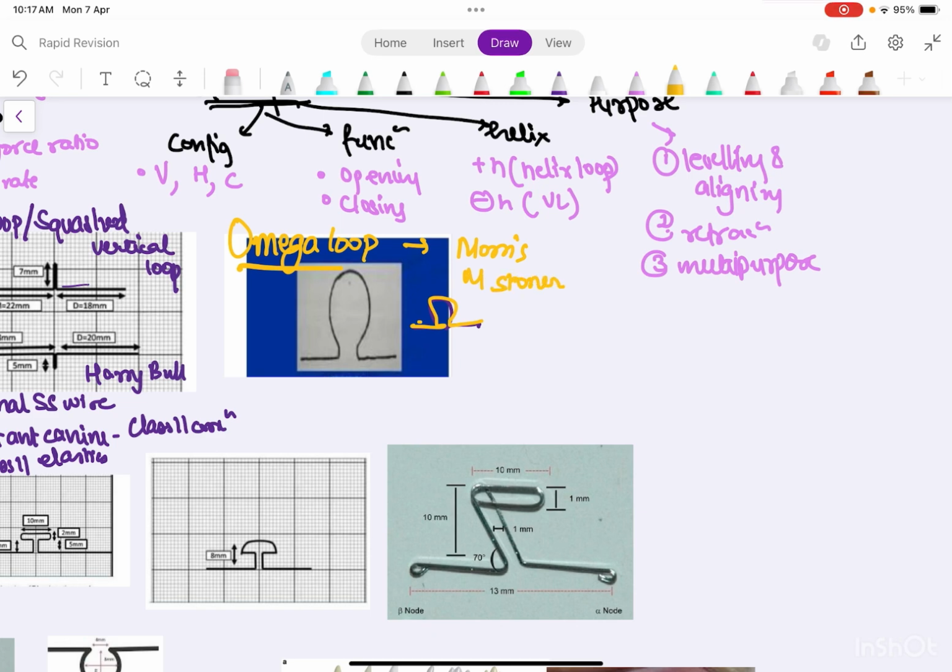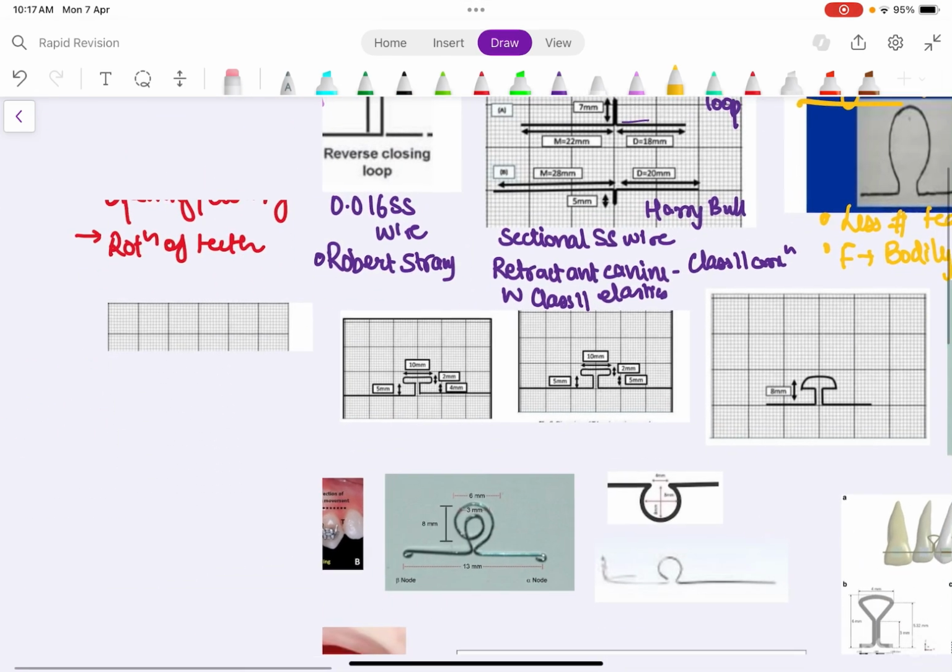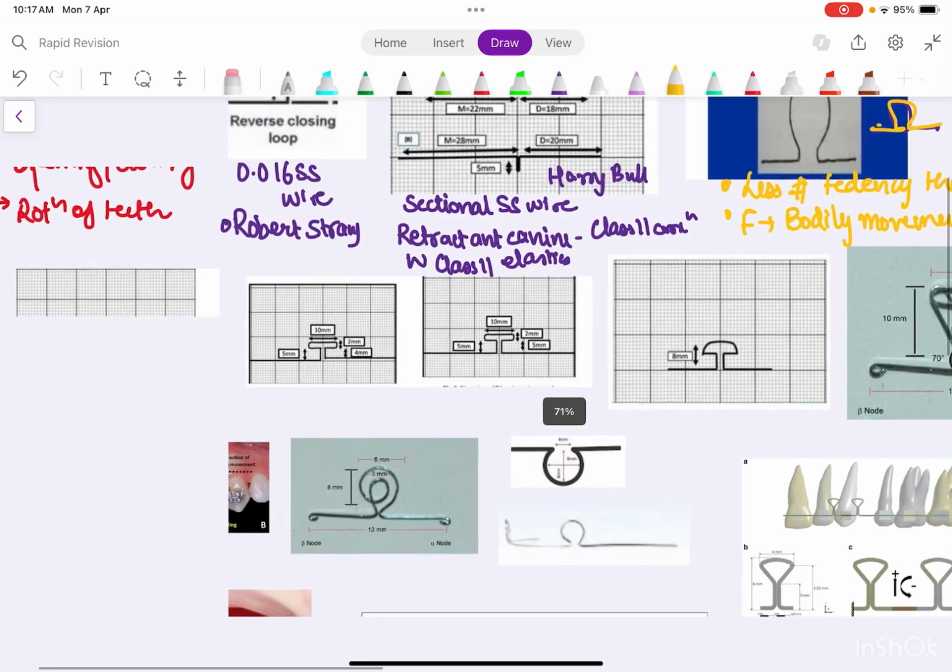It has less fracture tendency than vertical loop, and its function is that it basically allows for the bodily movement of root plus acts as a molar stop.